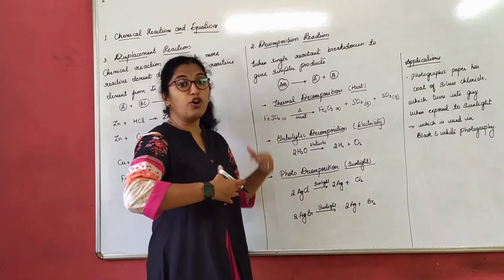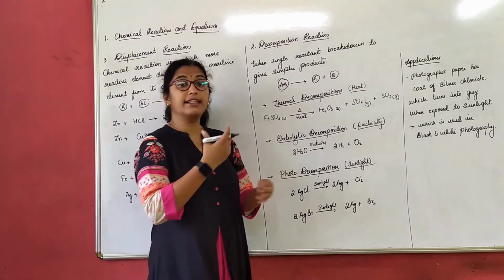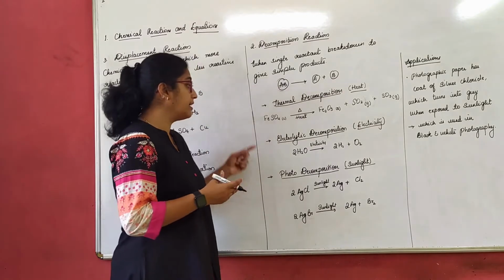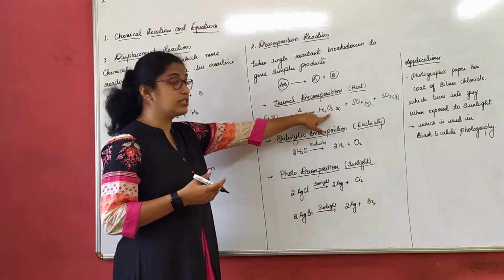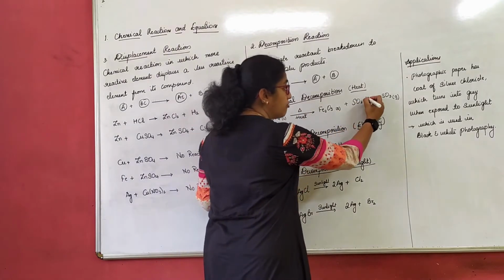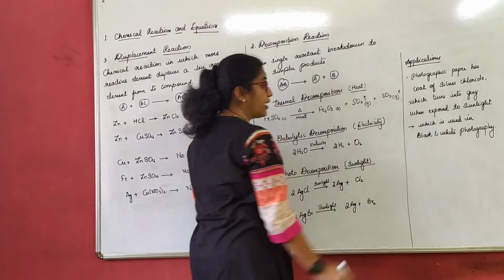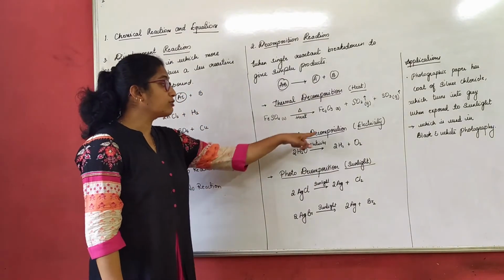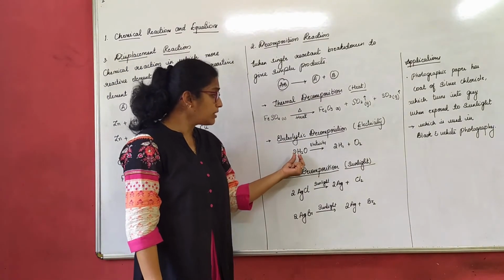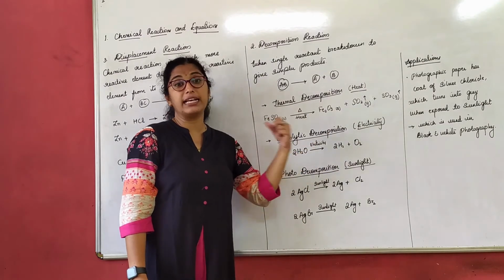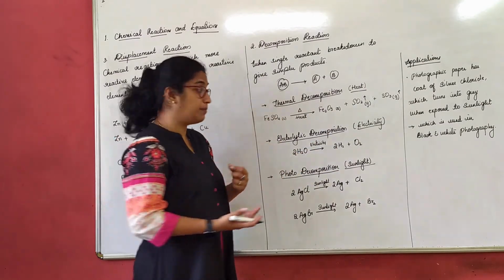Now, before we go to the next reaction, let's finish marking the arrows wherever gases are liberated. Ferric oxide is a solid. It releases sulfur dioxide gas and sulfur trioxide gas. In electrolytic decomposition, when electricity is passed through water, hydrogen gas and oxygen gas are liberated.